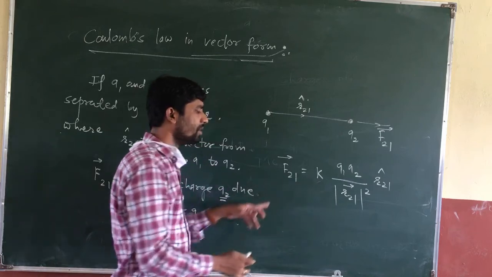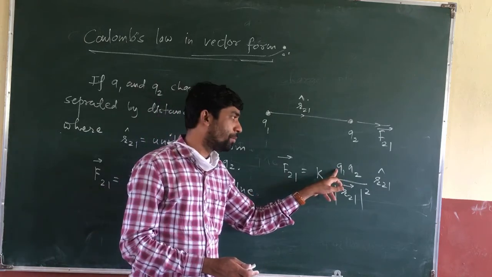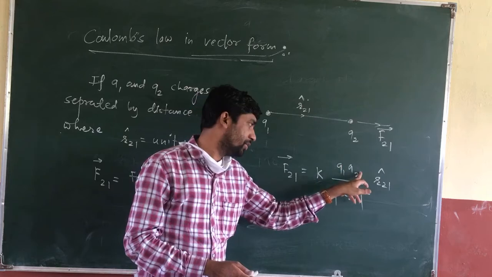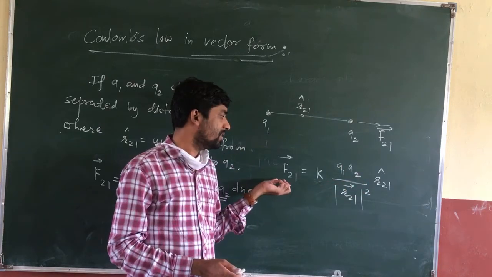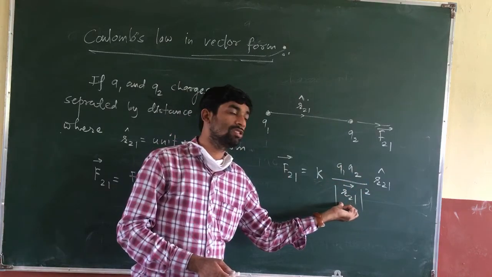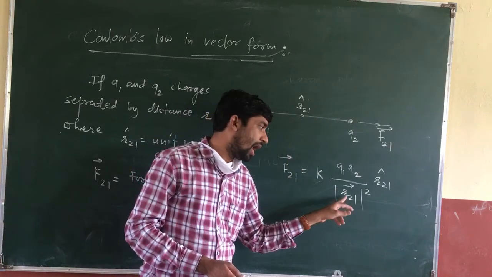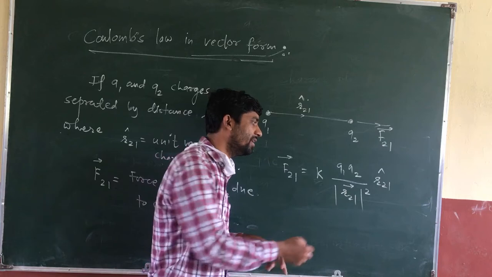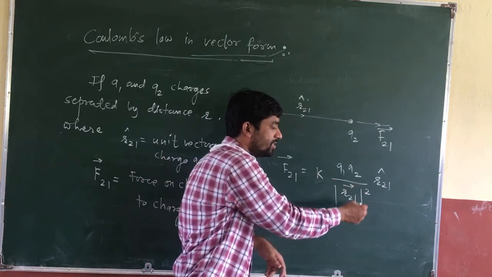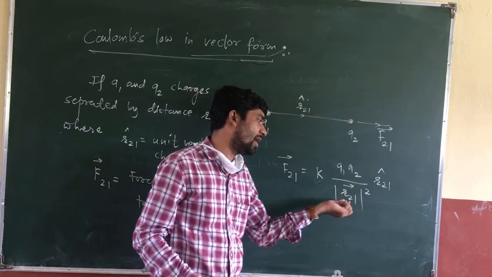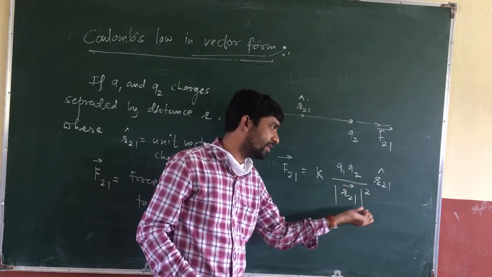It is directly proportional to the product of charges, q1 q2, and inversely proportional to the square of the distance. This distance is given by the vector R21, taken in a mod, that is, the magnitude of the vector R21, squared.